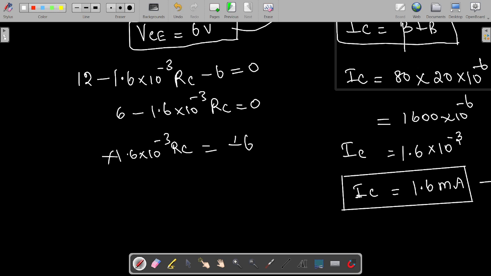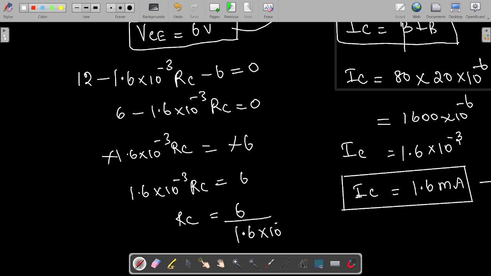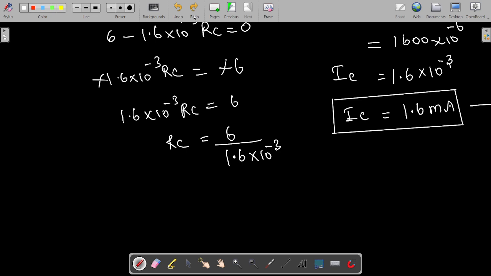But this minus sign we can cancel out. So it is 1.6 into 10 power minus 3 RC is equal to 6. So RC is equal to 6 divided by 1.6 into 10 power minus 3. 6 divided by 1.6 is equal to 3.75. So it is 3.75 into 10 power 3 when you bring this to the numerator. So RC is equal to 3.75 kilo ohms.